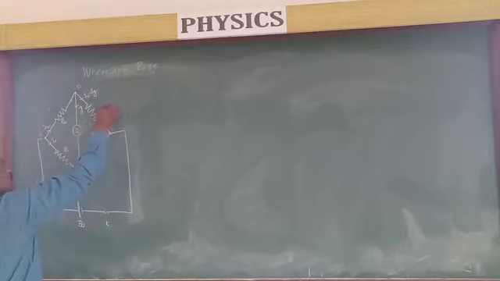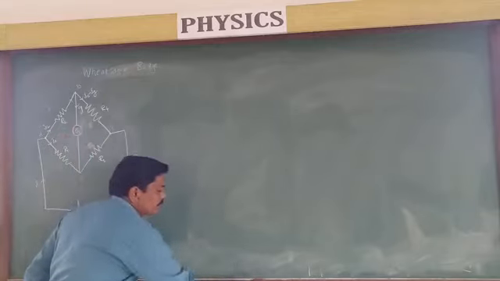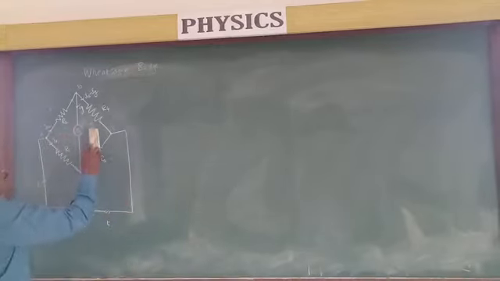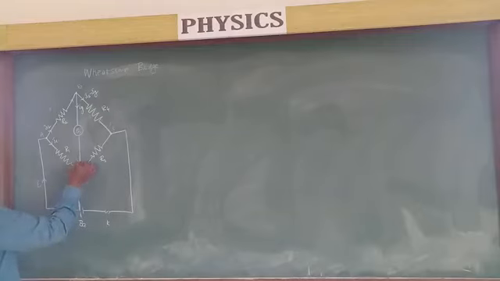I will write R4 here, and I will write R3 here. Now check it carefully. Again, the point D is also a junction. Here the current Ig is entering and the current I1 is entering.